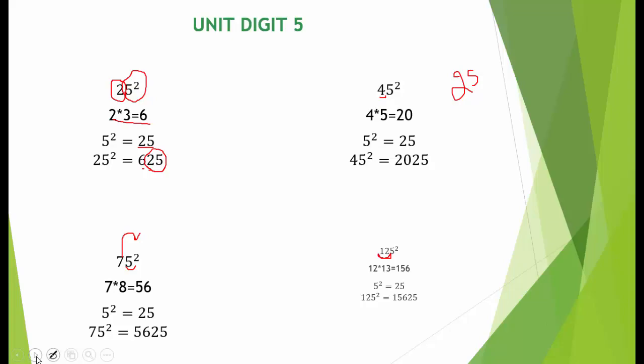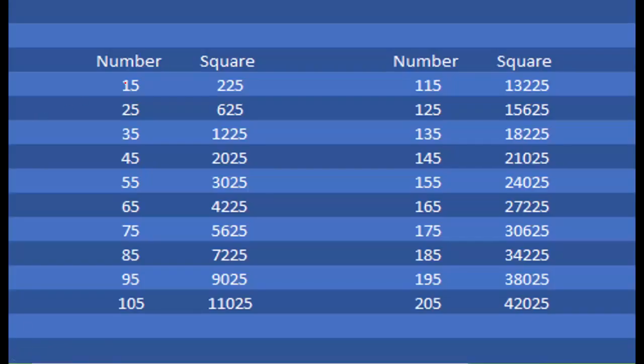Easy, students. Now make a quick revision of this. 15, 1 into 2 gives 225. 25, 2 into 3 is 6, 625. 35, 3 into 4 is 12, 1225. 45, 4 into 5 is 20, 2025. 55, 5 into 6 is 30, 3025. 65, 6 into 7 is 42, 4225. 75, 7 into 8 is 56, that is 5625. 85, 8 into 9 is 72, 7225. 95, 9 into 10 is 90, 9025. 105, 10 into 11 is 110, that is 11025.